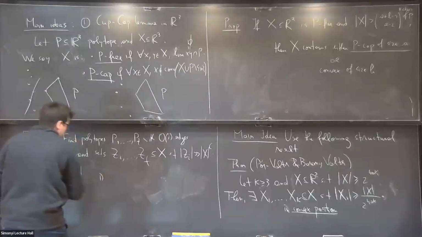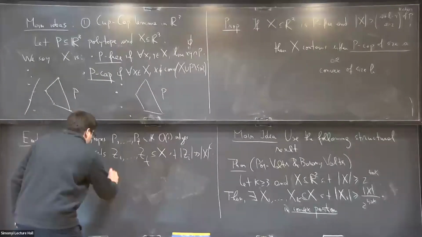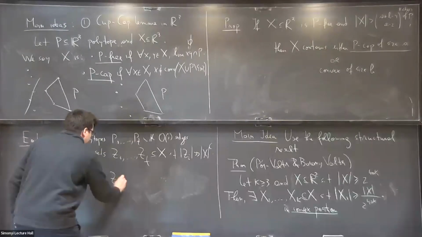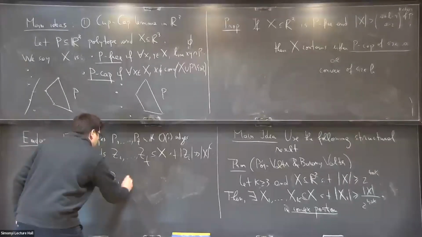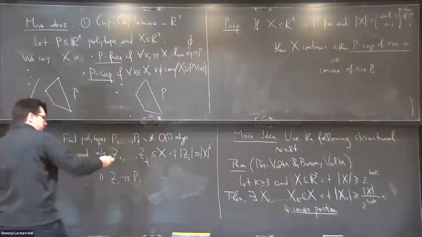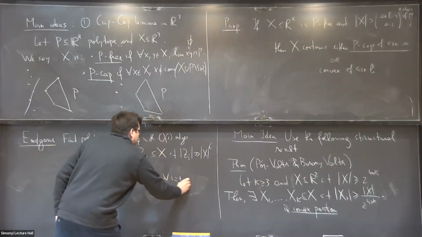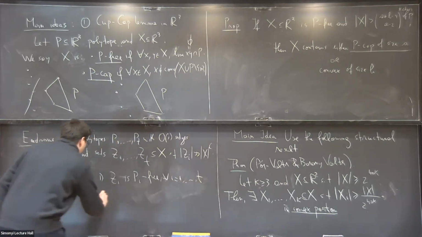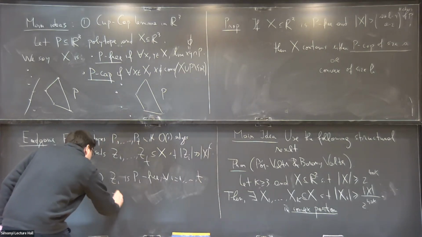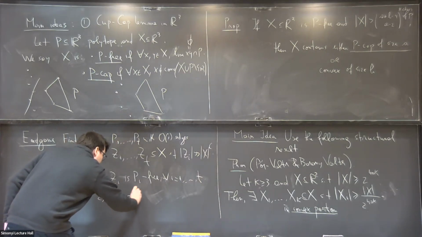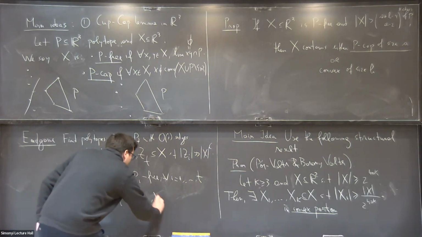First condition, each set Zi in the list is Pi-free with respect to its own polytope. And two, Zi is contained in Ej for every i different than j.